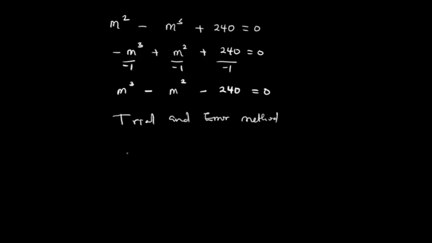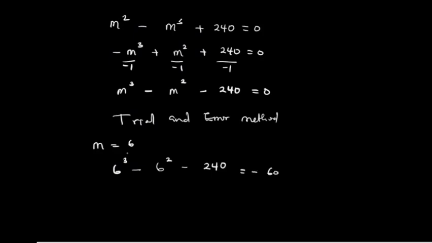So I will think of, let's say, 6. Let's say m is equal to 6. Then 6 to the power of 3 minus 6 squared minus 240 gives minus 60.